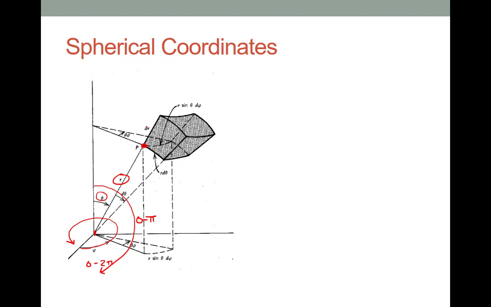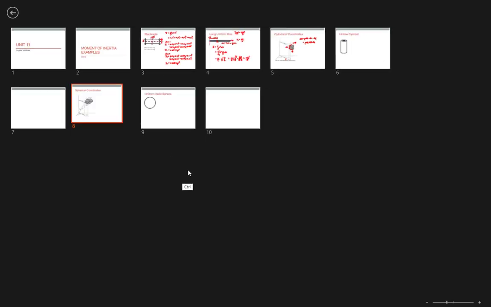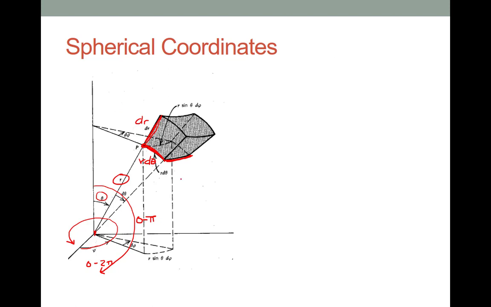Okay. If we look at the volume element, this side is a dr. This side, which you can find with geometry, works out to be r d theta. And then finally, this side, which is the hard one to get, but again, it is possible with some geometry, works out to be r sine theta d phi.